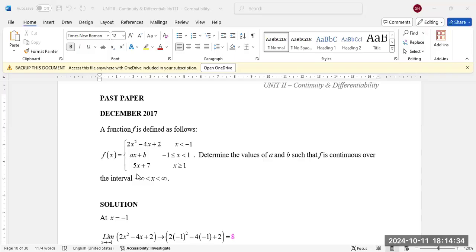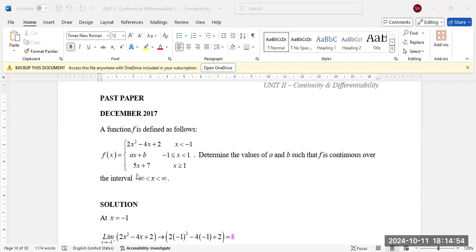Remember, I need your undivided attention. Determine the values of A and B such that f is continuous over the interval negative infinity to positive infinity.